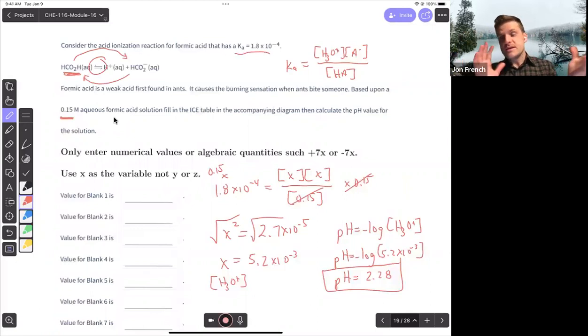Because once we get to equilibrium, the reaction's still occurring, but it's occurring at equal rates in opposite directions. So we have to establish that equilibrium. To establish that equilibrium, we have to make some of the products, and then we get that balance. And then at equilibrium, it's still reacting, but the concentration's not changed.